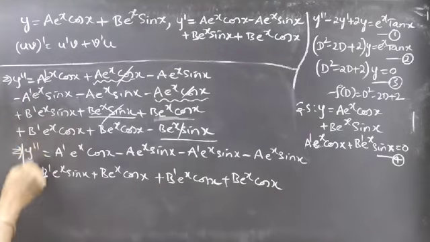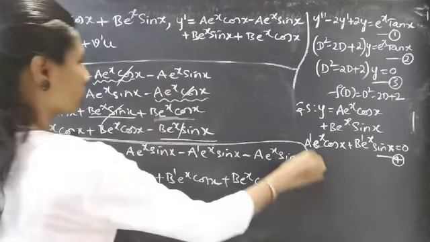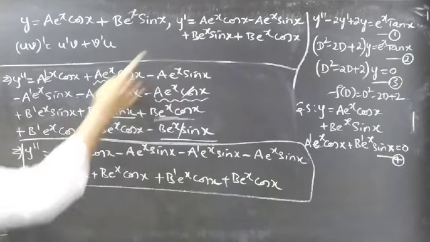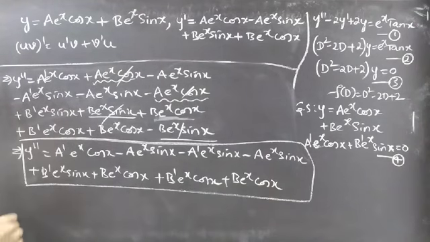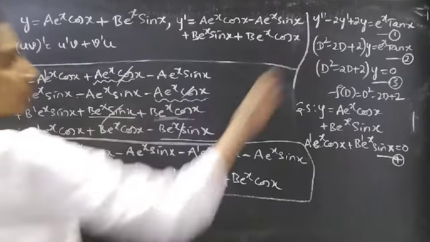So we got y double dash here, and already we have y dash and y. So let's substitute all these three in equation 1.